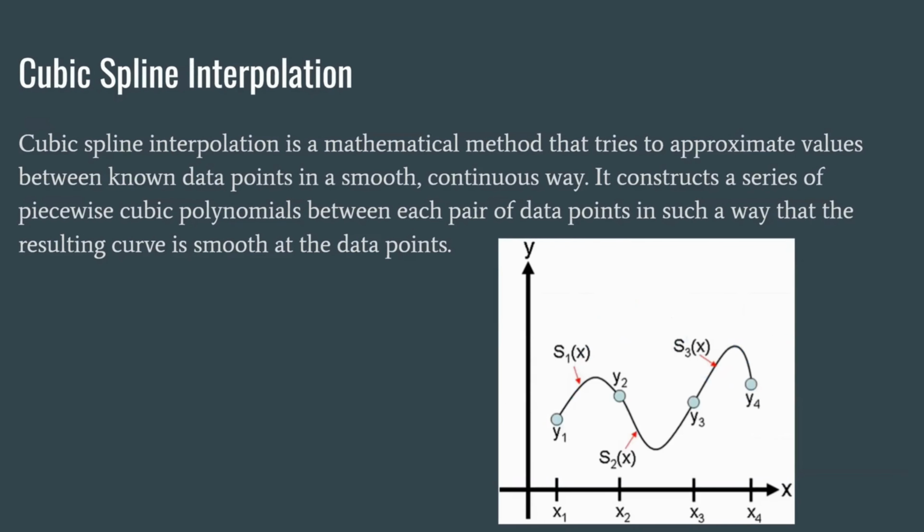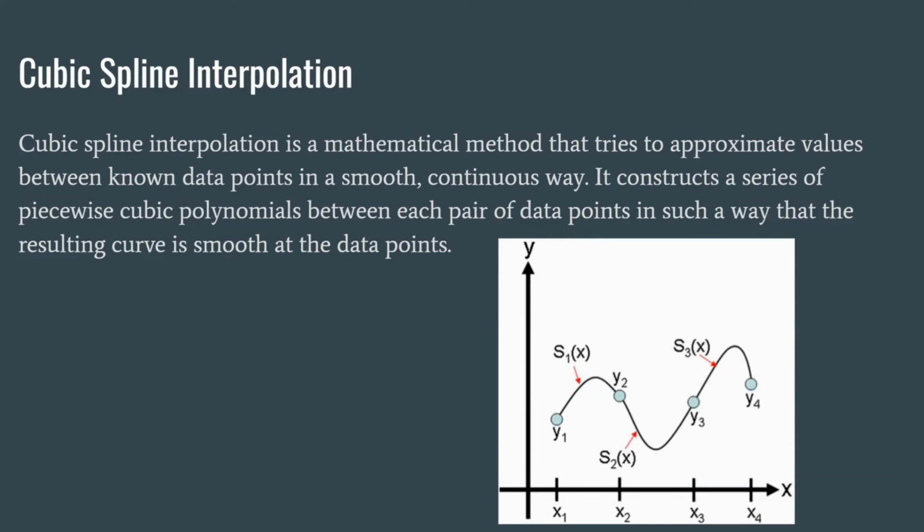Our second method is cubic spline interpolation. Cubic spline interpolation is a mathematical method that tries to approximate values between known data points in a smooth, continuous way. Much like piecewise linear interpolation, it is trying to find data in between 2 points, but instead of just having a straight line, there is more of a curve to it because it uses polynomials.